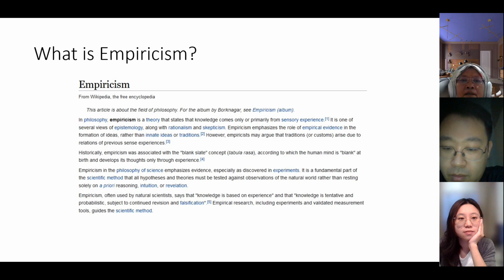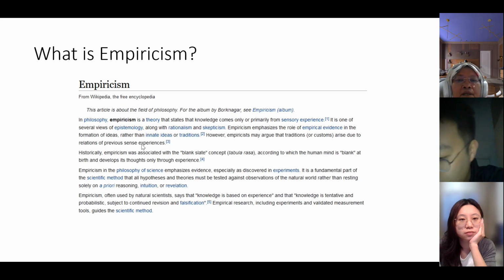Tradition means, like in philosophy, for example, there is a tradition of reasoning. So we follow that. Okay. So empiricism is the opposite of innate and the opposite of tradition. However, empiricists may argue that traditions or customs arise due to the relations of previous sense experiences.